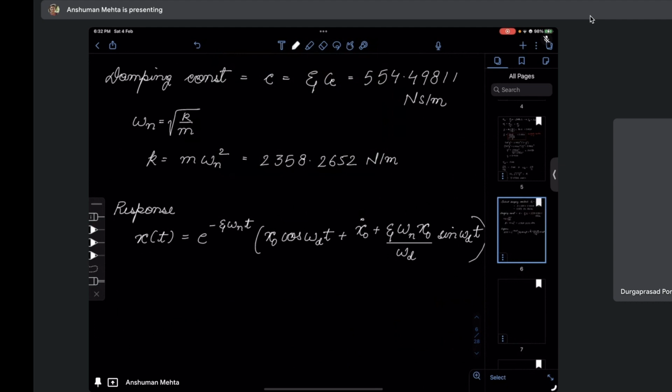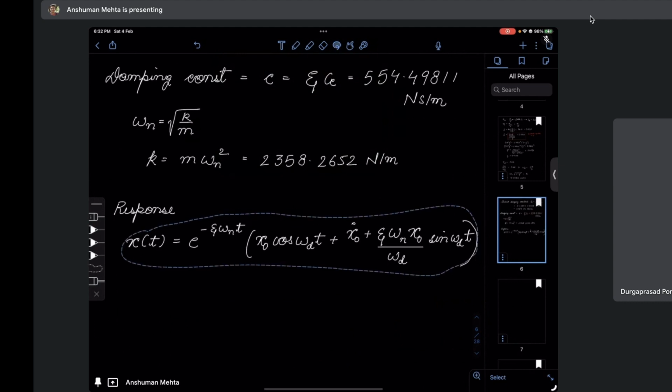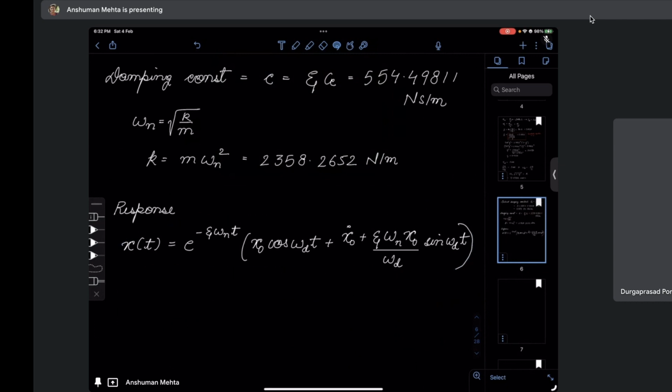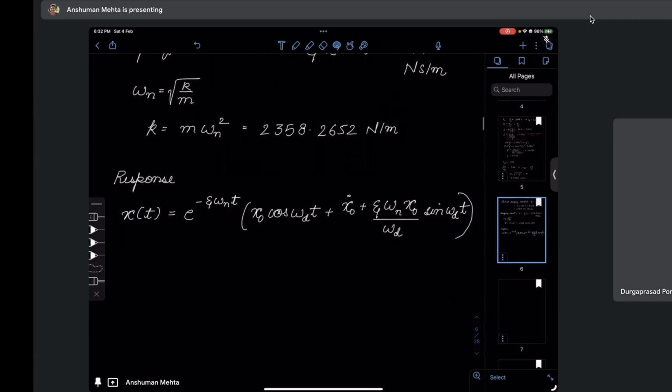So this is the response of an underdamped system having x naught as the initial condition and x dot naught, which will be represented as v naught from now onwards, that we have to find. So we have to find v naught so that x(t) max is 250 mm.